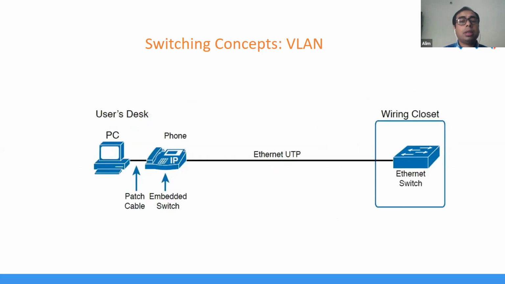Okay, one interesting thing you may notice when you visit some office, or maybe in your university also: you will see an IP telephone connected to a switch, and a PC connected to the IP phone. So here, interestingly, in the switch port, although it is access, there are two VLANs: one is data, one is voice VLAN.